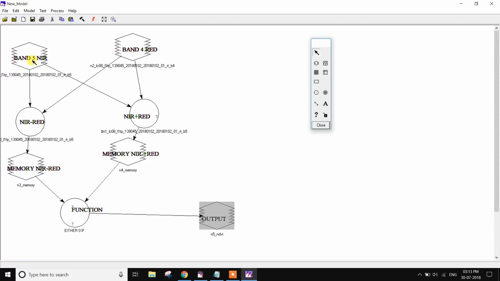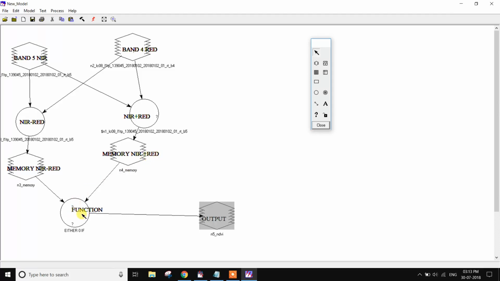Actually, band 5 is the near infrared band and band 4 is red. There is the near infrared minus red and near infrared plus red. Memory stores near infrared minus red as a temporary file, and memory near infrared plus red.